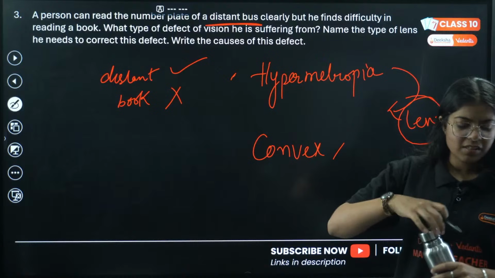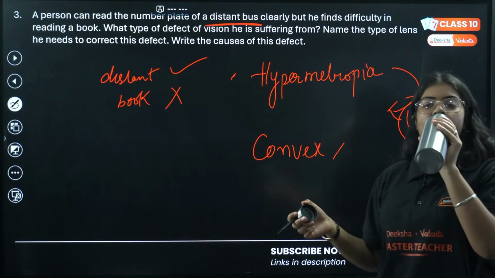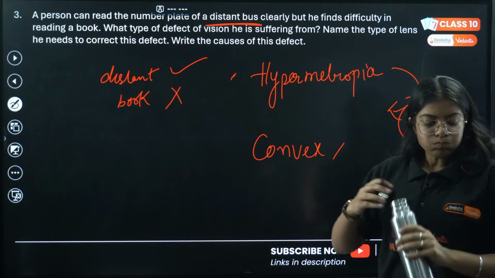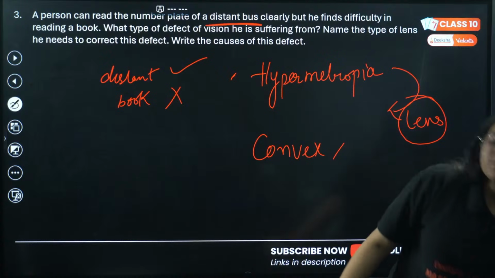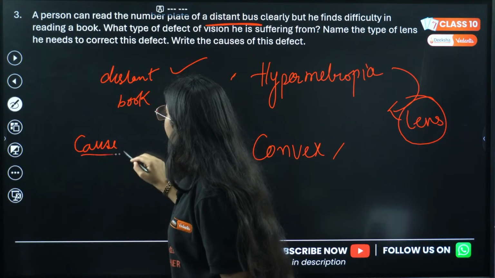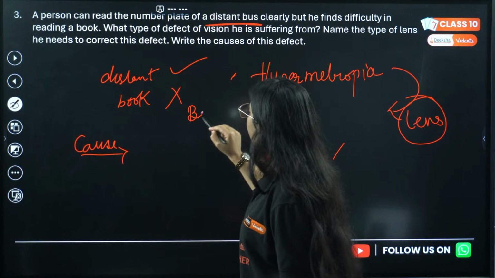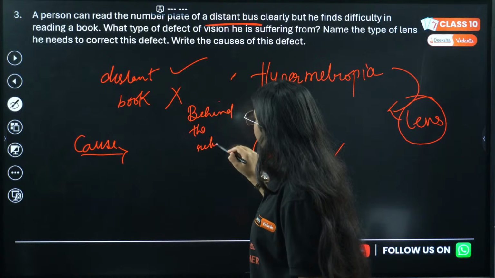Write the cause of this defect. So we already knew, right? We already wrote the cause. Let me just tell you again. In this case, the image will be formed behind the retina. Correct? The image will be formed behind the retina.